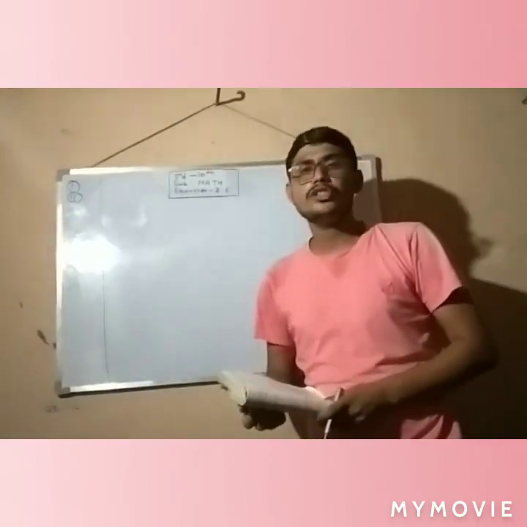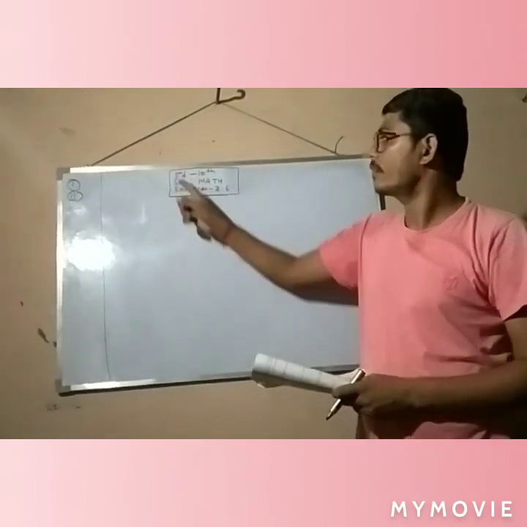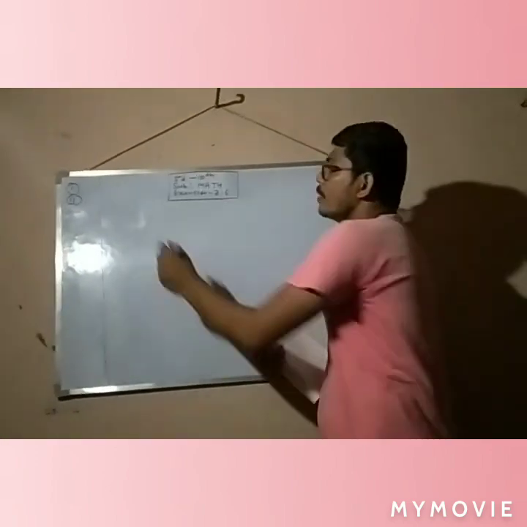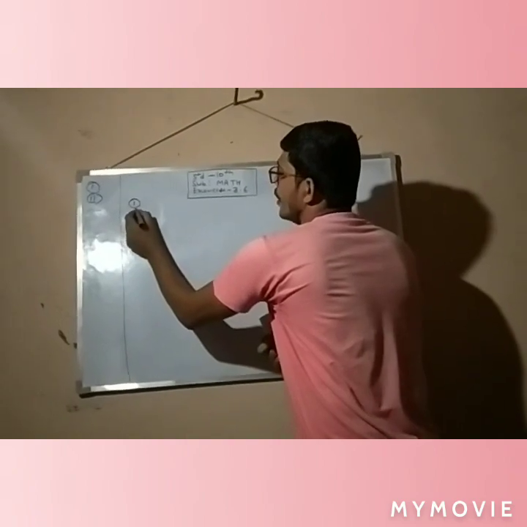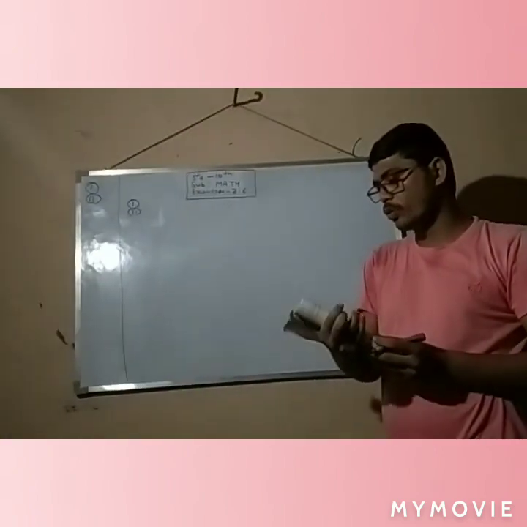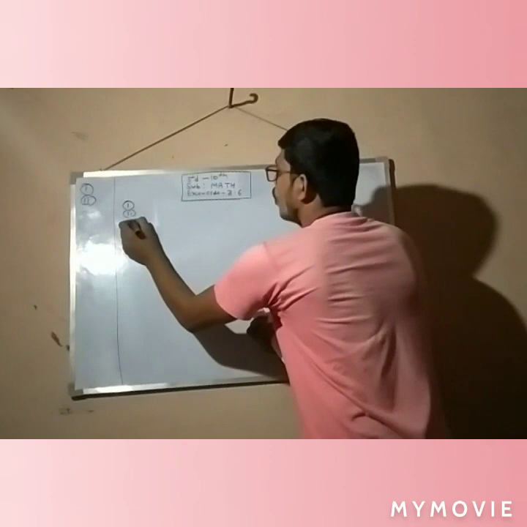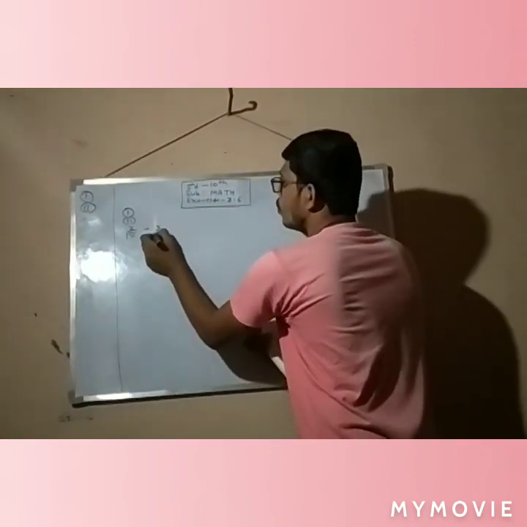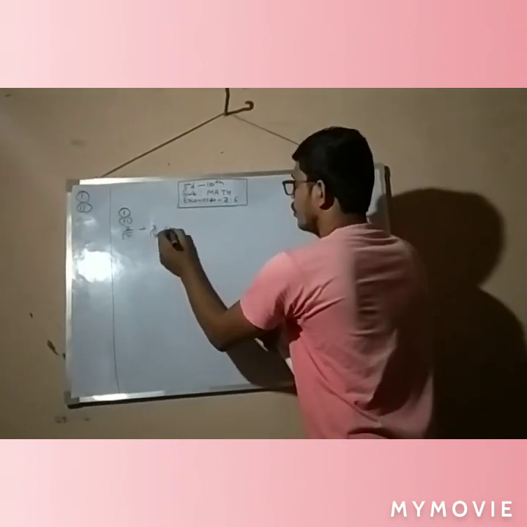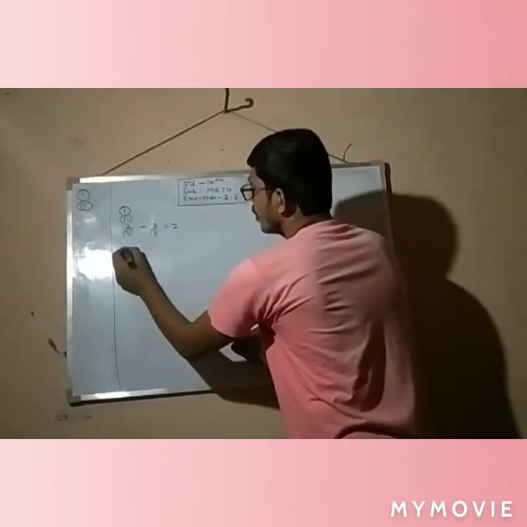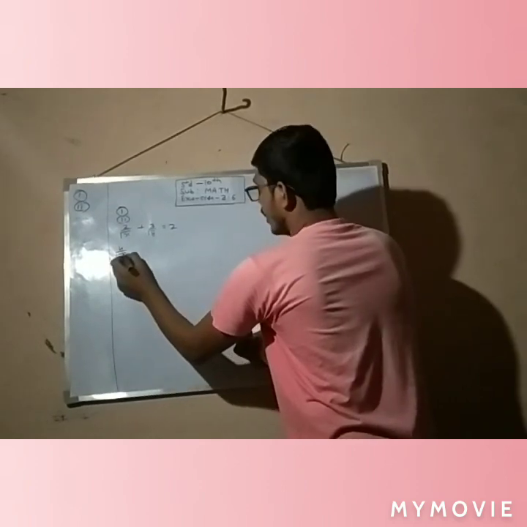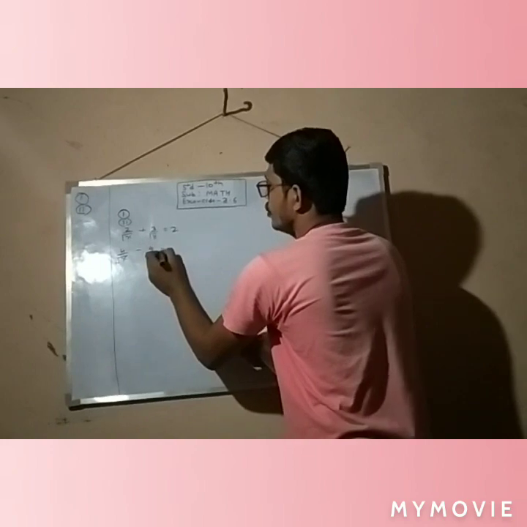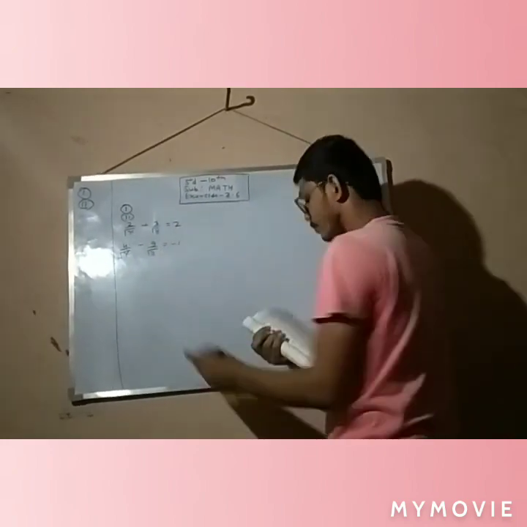Hello everyone. Once again we are going to solve the class 10 math subject exercise 3.6 question number first, second part. Now student, the questions are given below. 2 upon root x plus 3 upon root y is equal to 2, and the second equation given is 4 upon root x minus 9 upon root y is equal to minus 1.